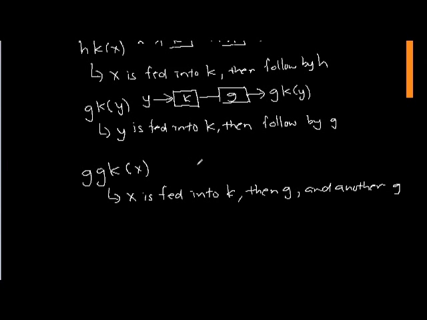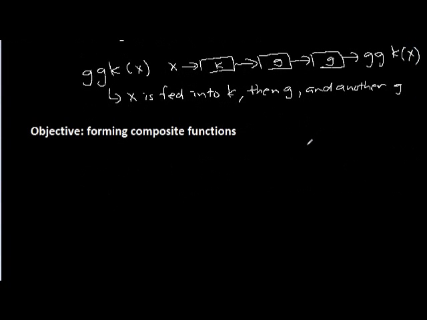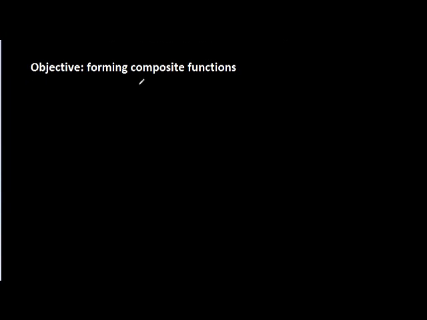In a diagram, it means that x is fed into k, then followed by g and another g, and the output is g(g(k(x))). Right now, all students should have understood the idea and the notation of composite functions. So, let us learn how to form composite functions.